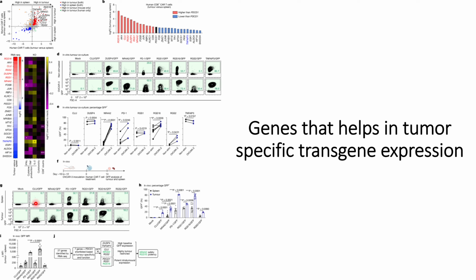What they were able to see is that, apart from the control PDCD1, they see high expression in RGS16 and also in NR4A2.